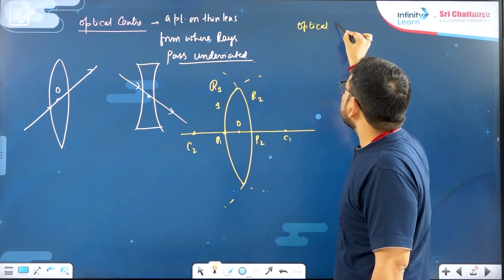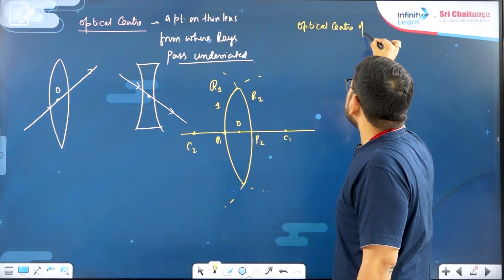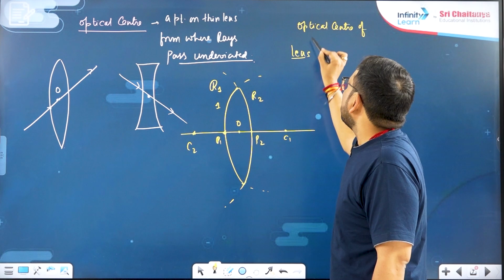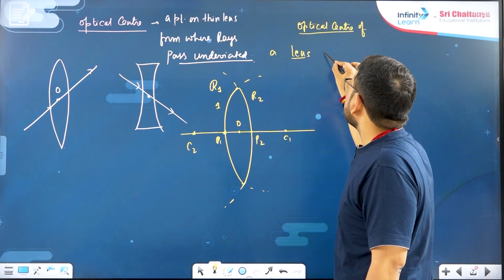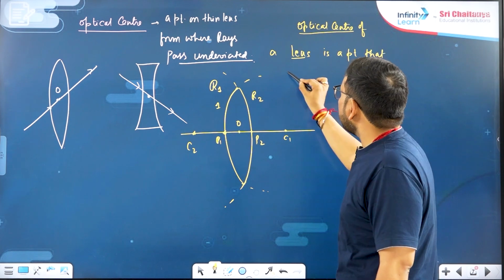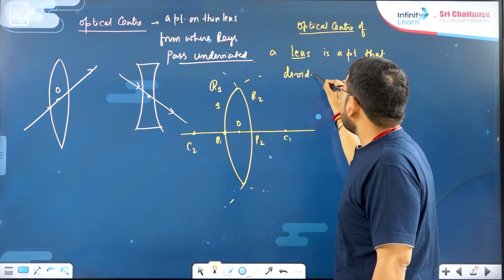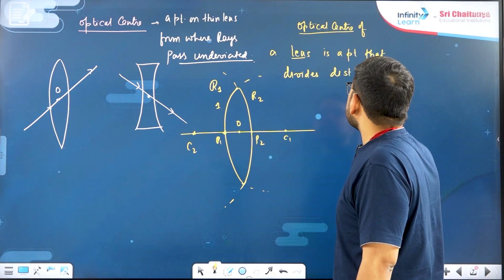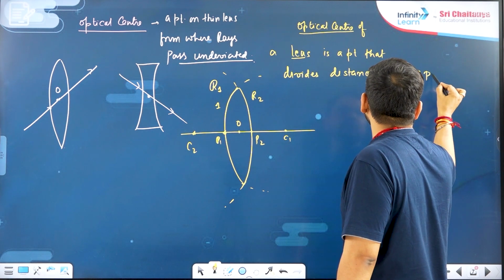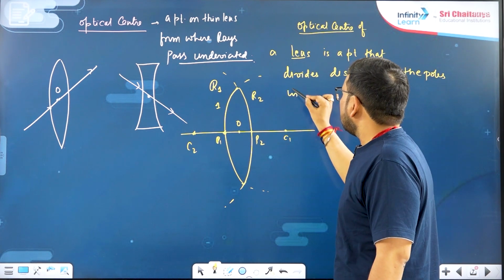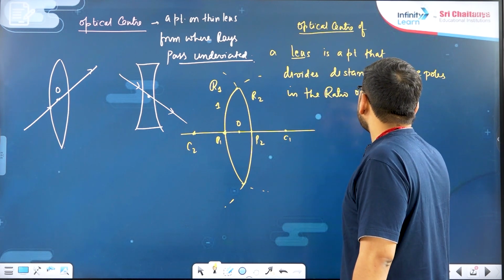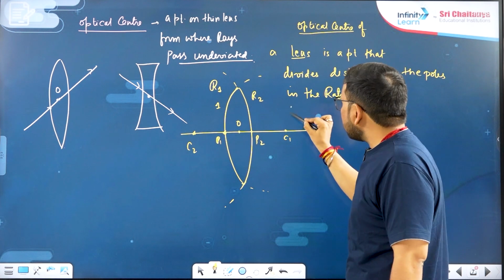What is the optical center? Optical center of a lens, for theoretical questions, I think it is a must-known term. The optical center of a lens is a point that divides the distance between the poles in the ratio of their radii of curvature.